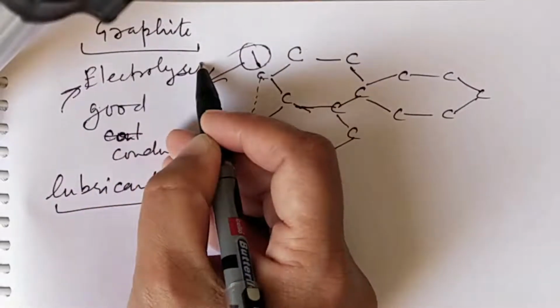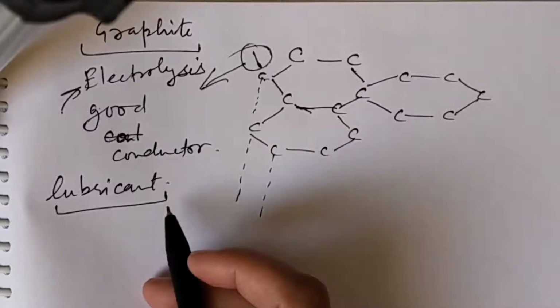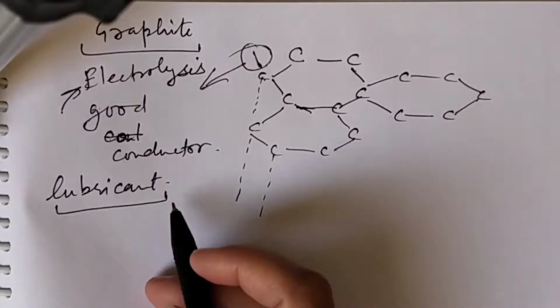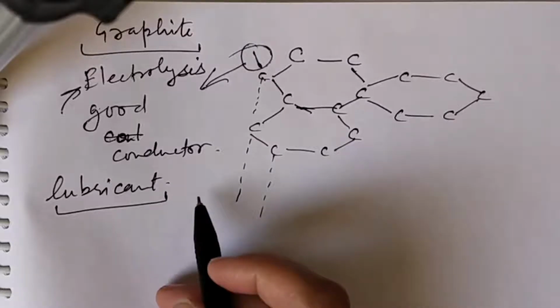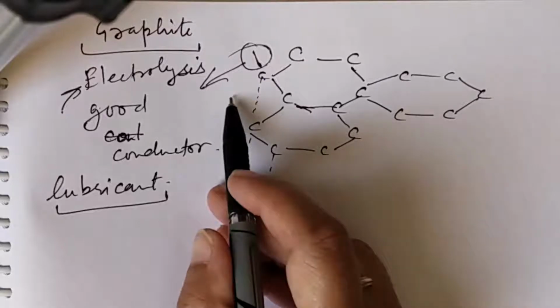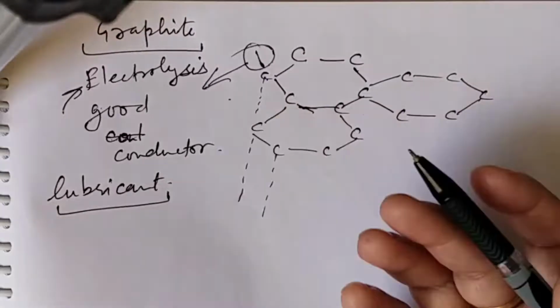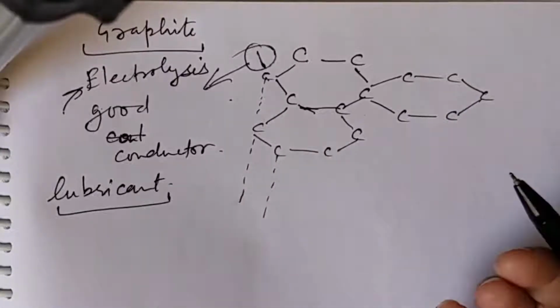Are you getting it, students? What we are discussing here is that the electrolysis process can be easily done with the help of graphite rods. Okay, so the question that is mostly asked is why diamond does not act as a good conductor of electricity.